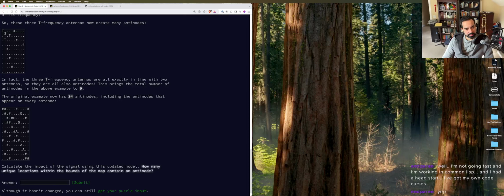I don't really understand that. Like, they're in line with two antennas. They make the line between two antennas. I don't understand this at all. But I think I get the point that these are included as antinodes.